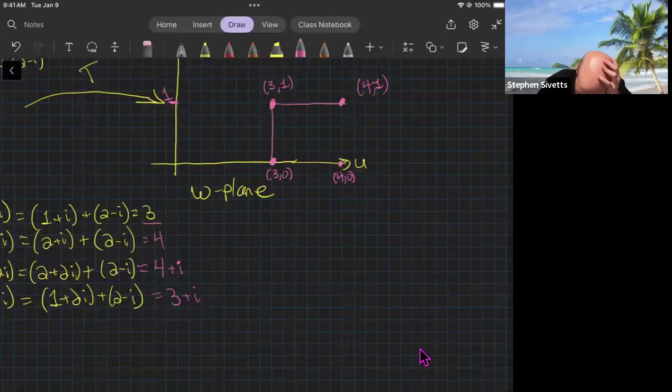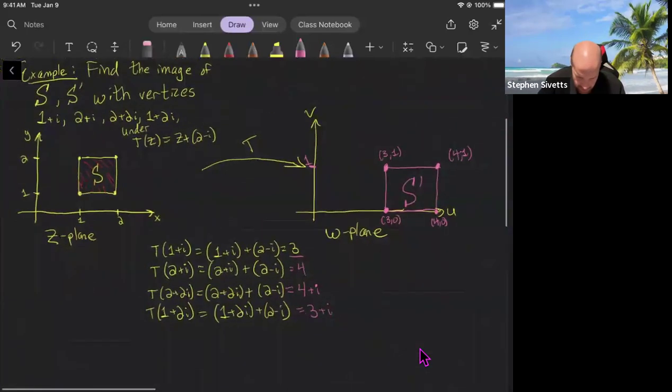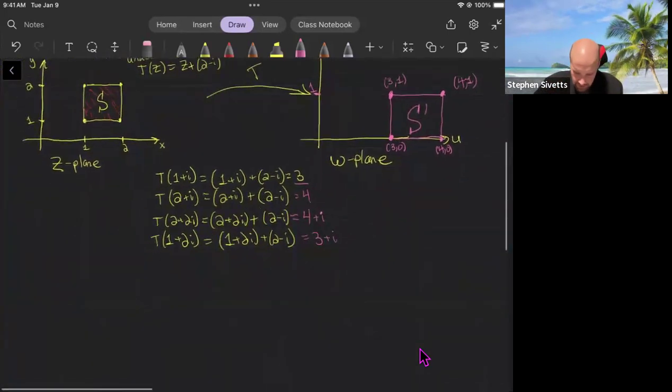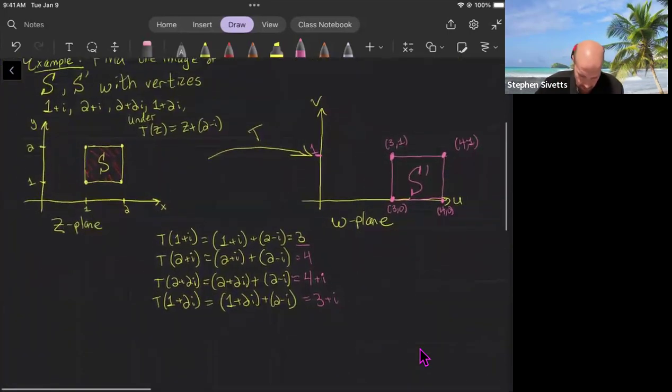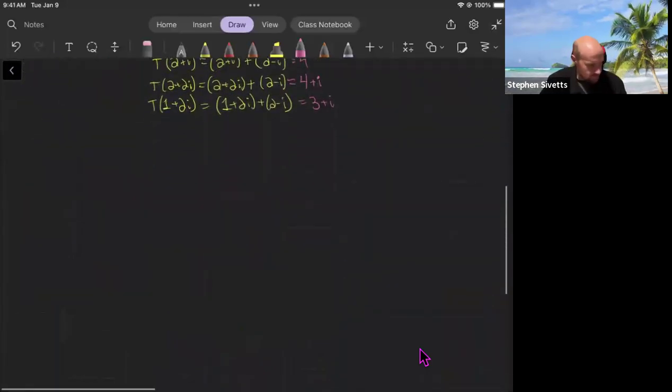So this will correspond to another square in the w-plane. So that's S prime. Okay, so really it's just a shift. So you're shifting all the points by 2 minus i units, excuse me, right? So that will correspond to a shift, right? Okay, so this is a shift.